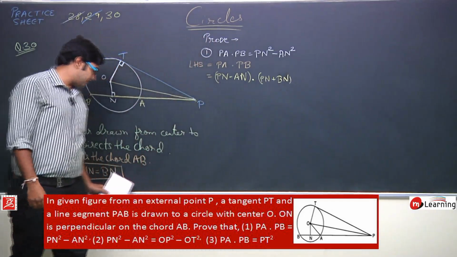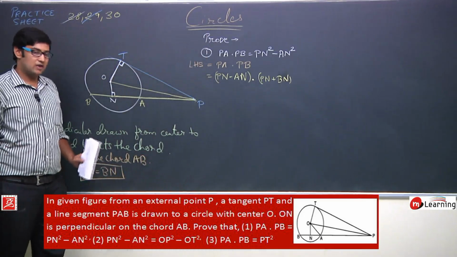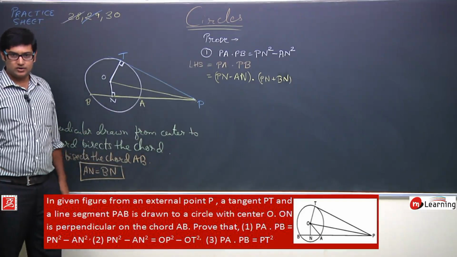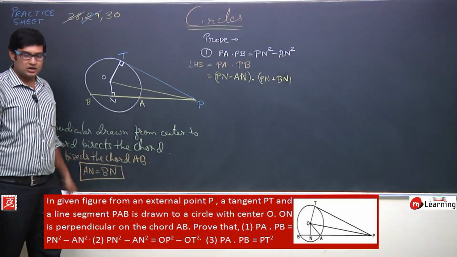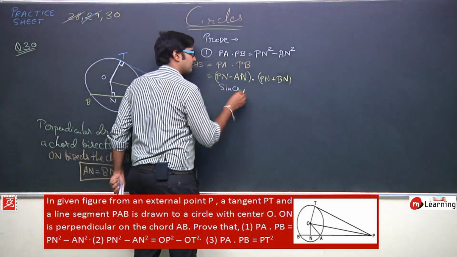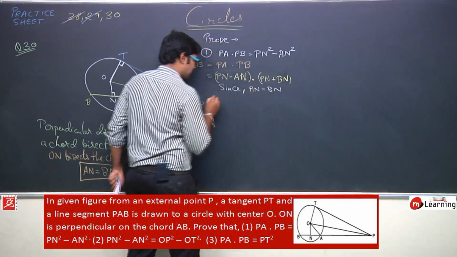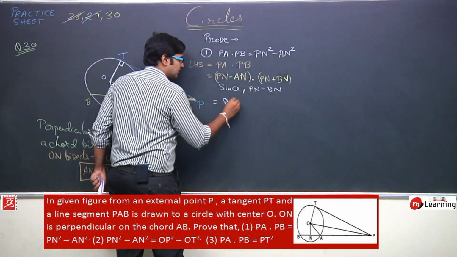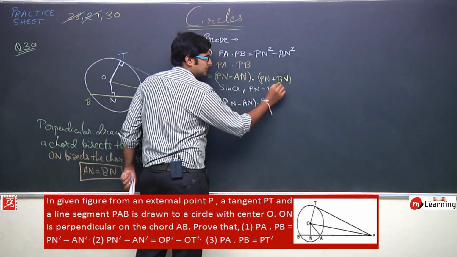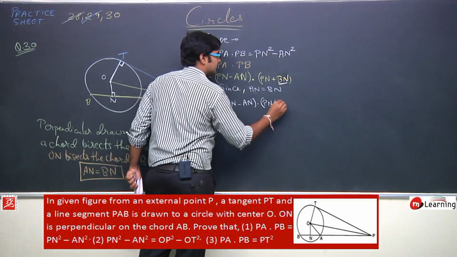But we have the condition that AN and BN are equal. Why? Because ON is perpendicular to this chord AB and it bisects the chord. So I can write, since AN is equal to BN, PN minus AN into, in place of BN I can write AN, so it will become PN plus AN.